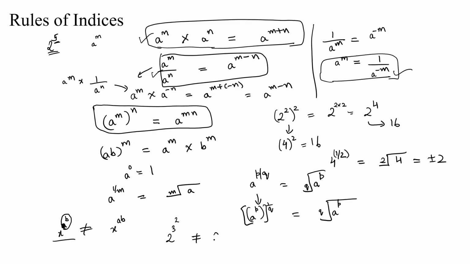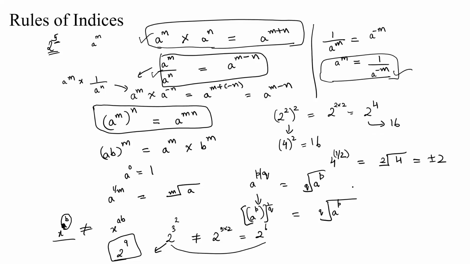This is not equal to 2 raised to power 3 into 2, which is 2 raised to power 6. So this is not equal to this. What this is doing is basically you take the square of 3. The square of 3 is 9, and you raise 2 to that power. So this is equal to 2 raised to power 9 and is not equal to 2 raised to power 6.